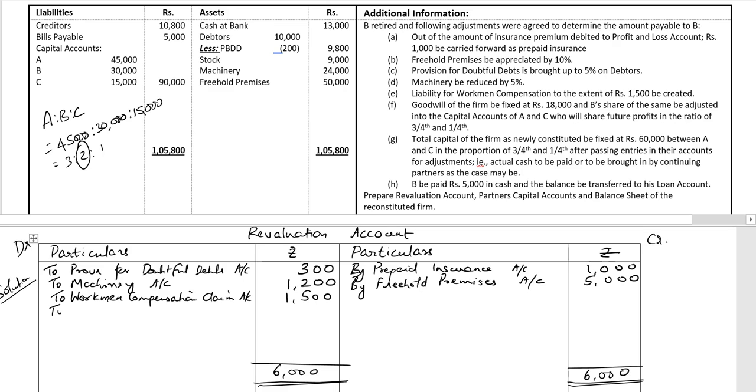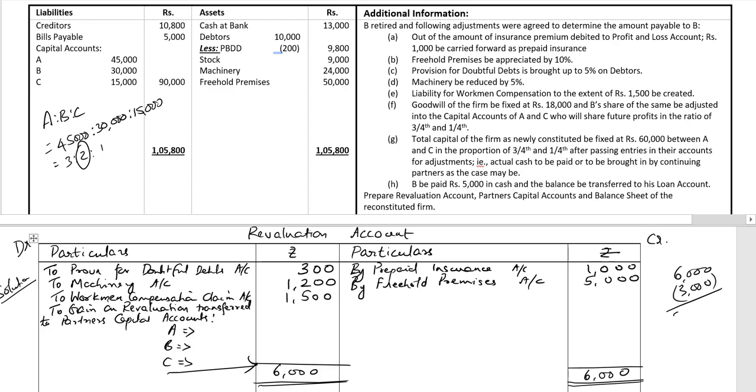There's a gain on revaluation, to gain on revaluation transferred to partners' capital accounts, partner A, partner B and partner C. Total of the credit side is 6,000 rupees and the debit side total comes to 3,000 rupees.